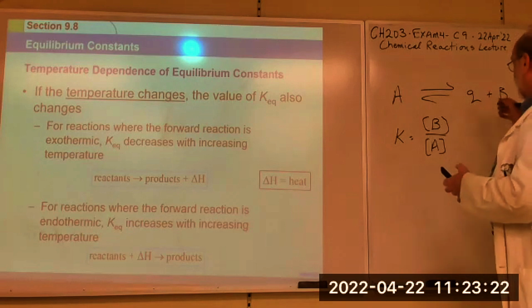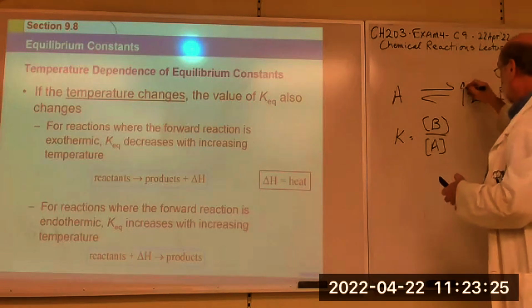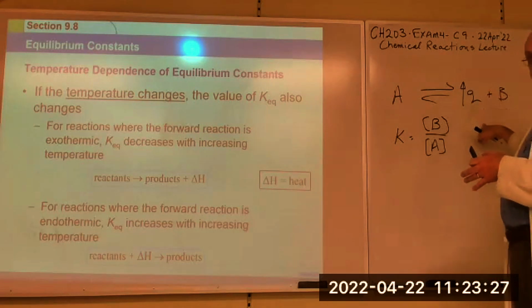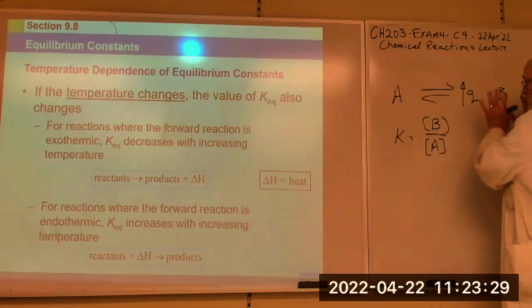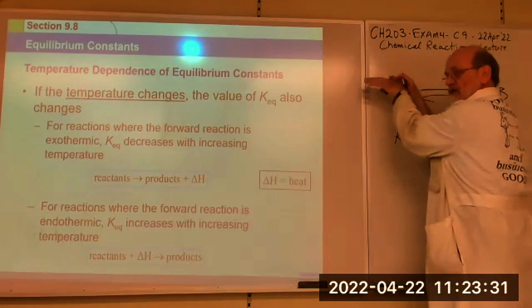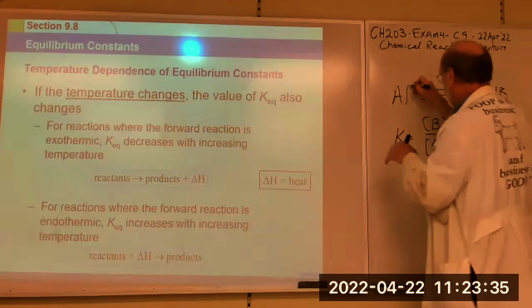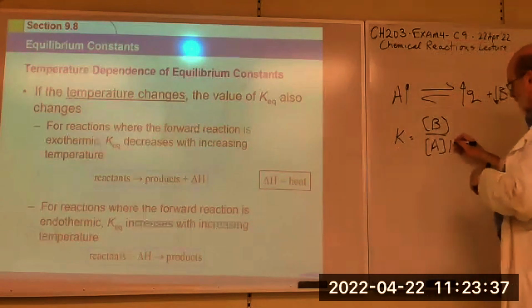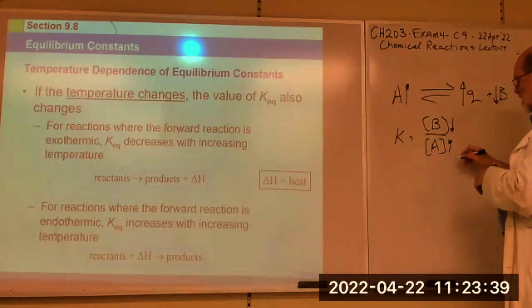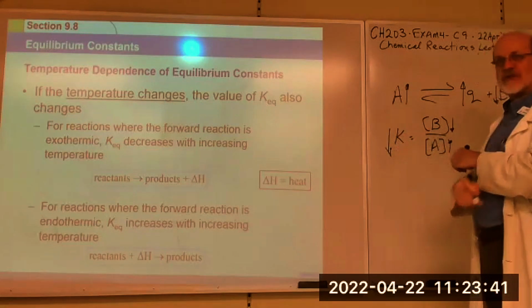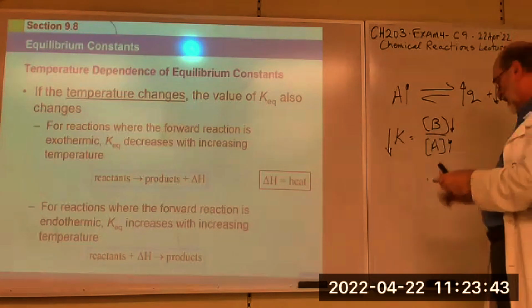And the way it has an impact is if this increases in temperature, you add more of that, then by adding this side, you drive the reaction backwards. That decreases this one and increases this one. So if this one increases, this one decreases, K goes down. Okay.